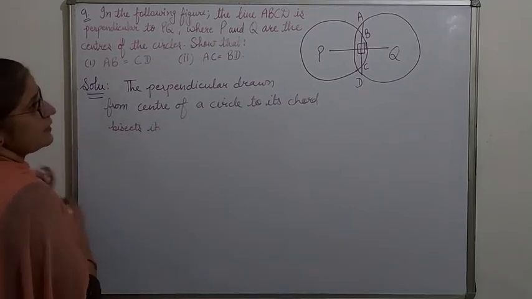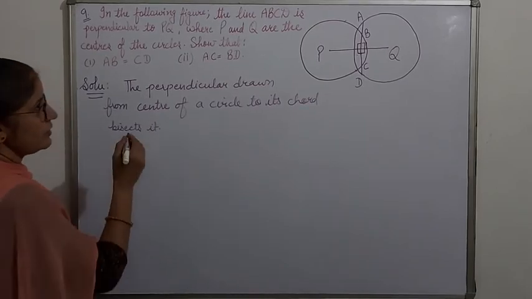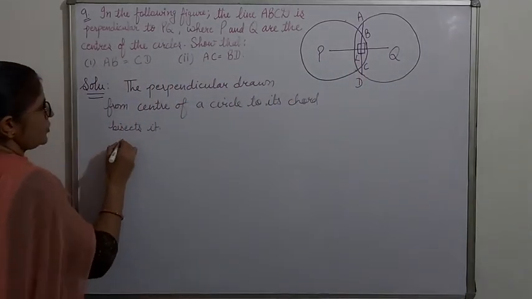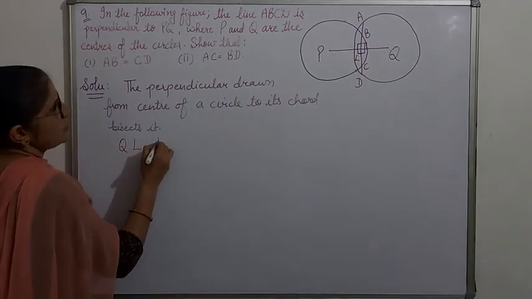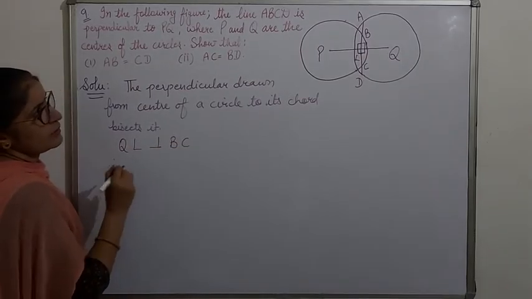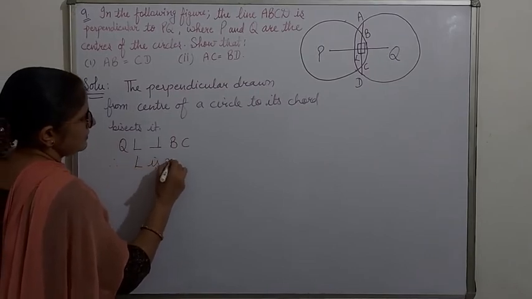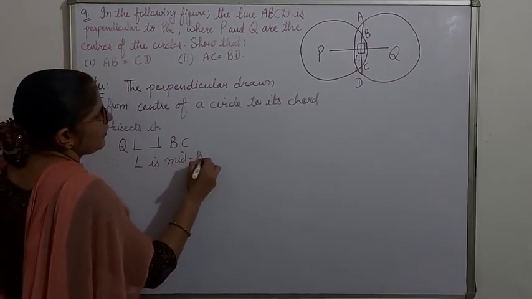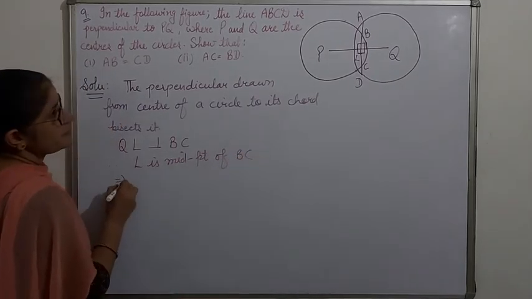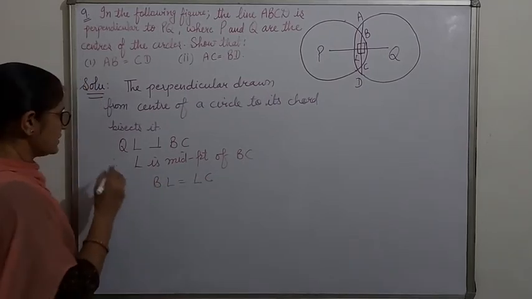So here, for the first part, we take BC as the chord, and this point we can take as L. QL is perpendicular to BC. Therefore, L is the midpoint of BC. It means BL is equal to LC.